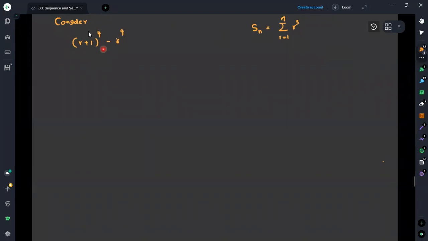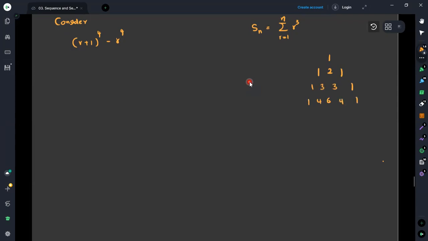Now we can use the concept of the Pascal triangle. If you recall the Pascal triangle, we had 1, then 1 2 1, then 1 3 3 1, then 1 4 6 4 1.